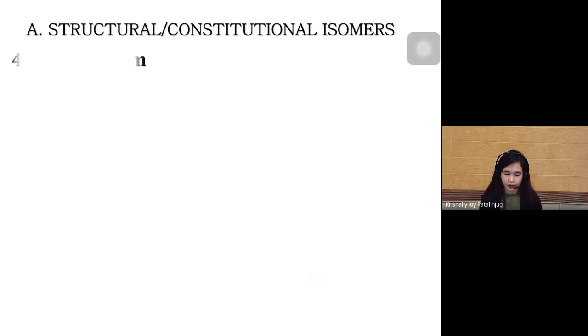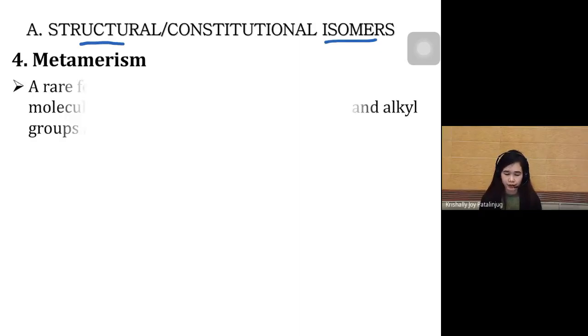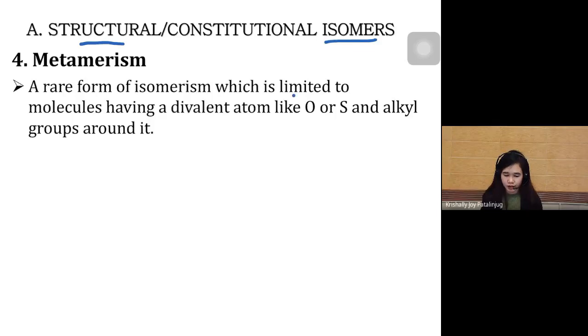Then for the remaining structural isomers, which I said earlier run from metamerism until ring-chain isomerism, these are limited to certain molecules. Specifically for metamerism, take note, it is limited to molecules with a divalent atom, oxygen or sulfur.